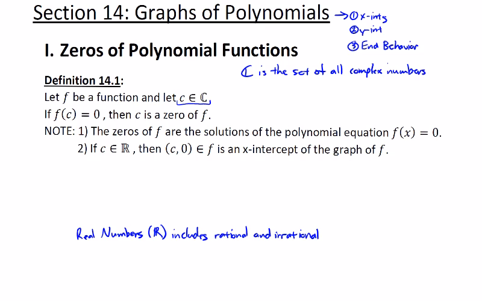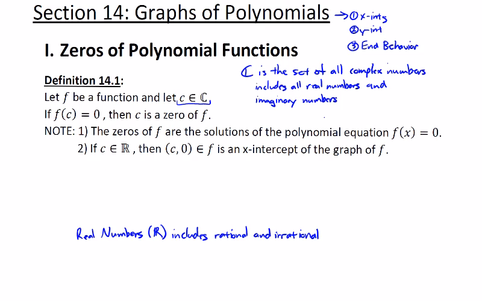The complex numbers include all real numbers and all imaginary numbers. So anytime that we've come across the square root of a negative, we've been saying that that is non-real.